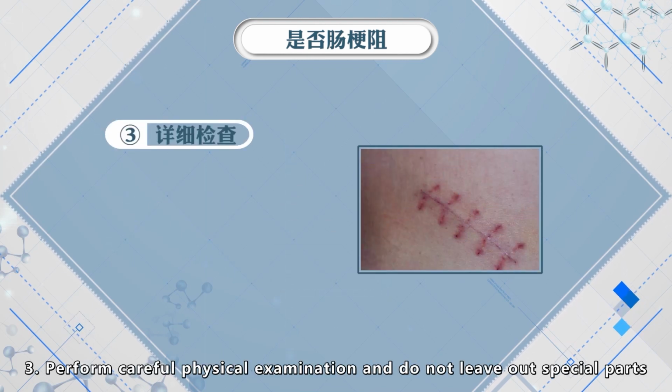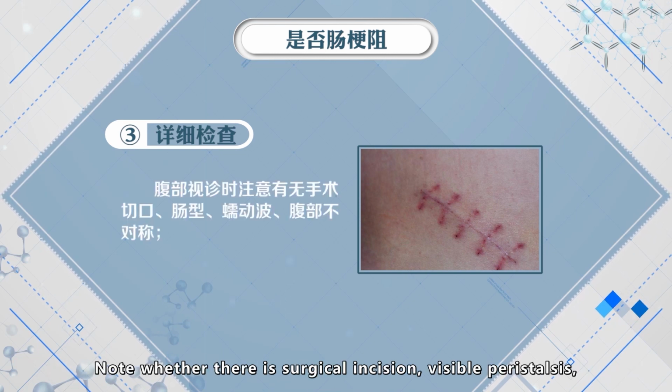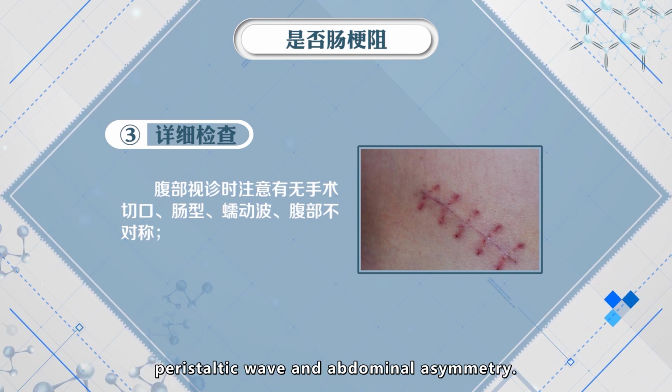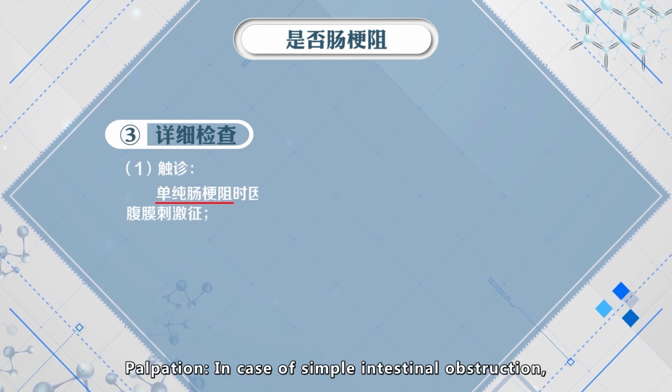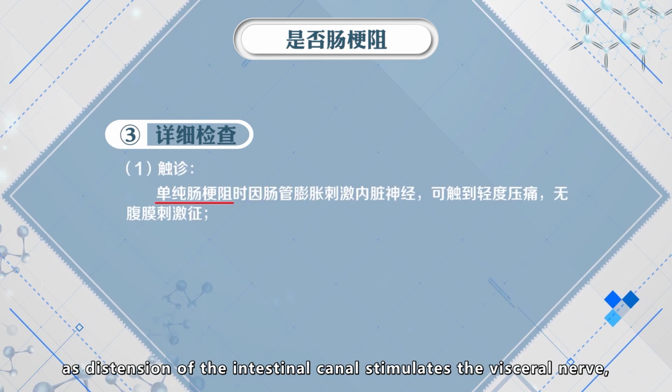Number 3. Perform careful physical examination and do not leave out special parts. Note whether there is a surgical incision, visible peristalsis, peristaltic wave, and abdominal asymmetry. Palpation: in case of simple intestinal obstruction, distension of the intestinal canal stimulates the visceral nerve.